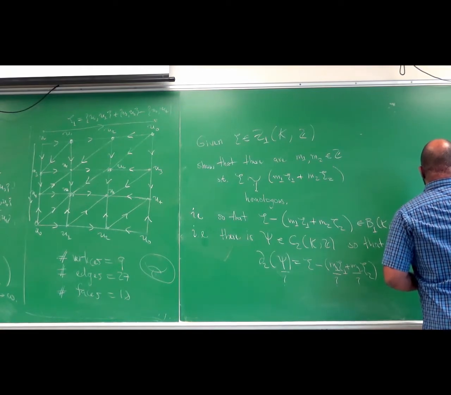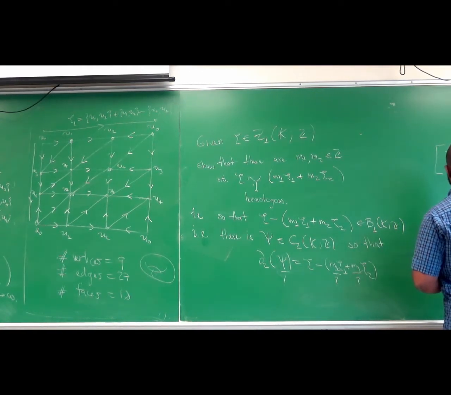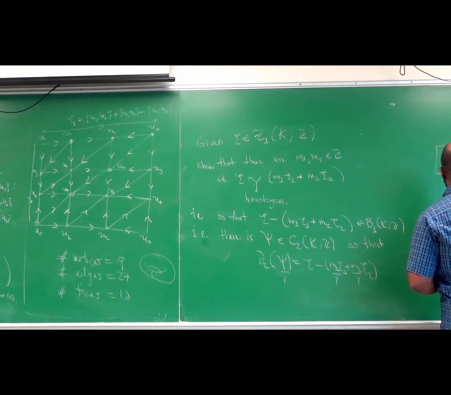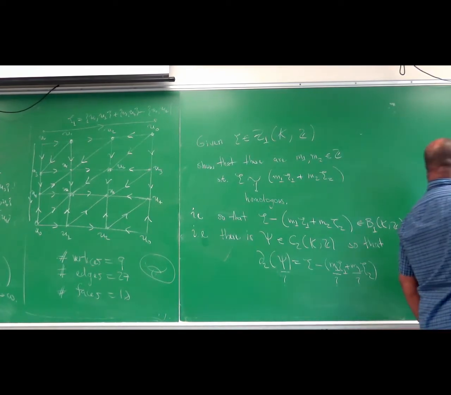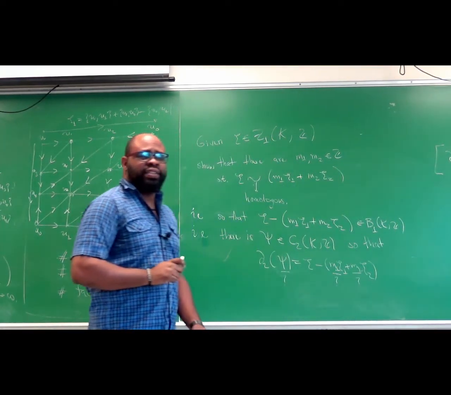This is the matrix that represents delta 2, and we want to multiply it by the vector that has, say, sigma as a column, and we want that to be equal to the vector that is psi minus m1, the vector that has zeta 1, minus m2, the vector that has zeta 2. Does that make sense?